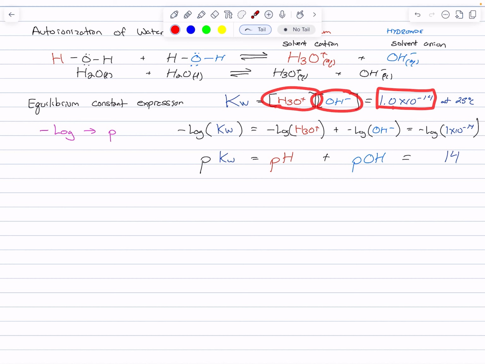Well, what's the square root of 1 times 10 to the negative 14? 1 times 10 to the negative 7 molar. And so this is not a huge number, 1 times 10 to the negative 7 molar. That's not a huge concentration. When these are the same, we have what we call neutral water, and they're 1 times 10 to the negative 7 molar. But what if they're not the same?